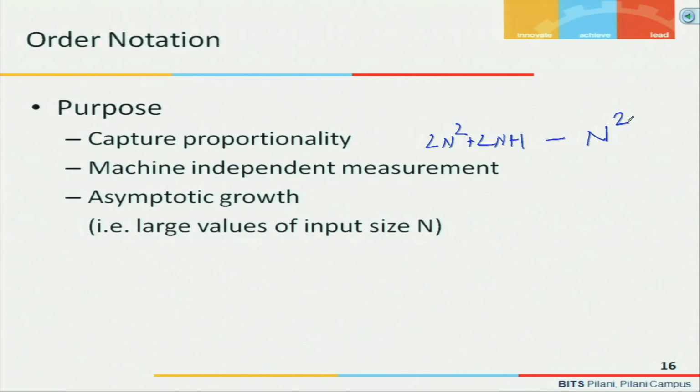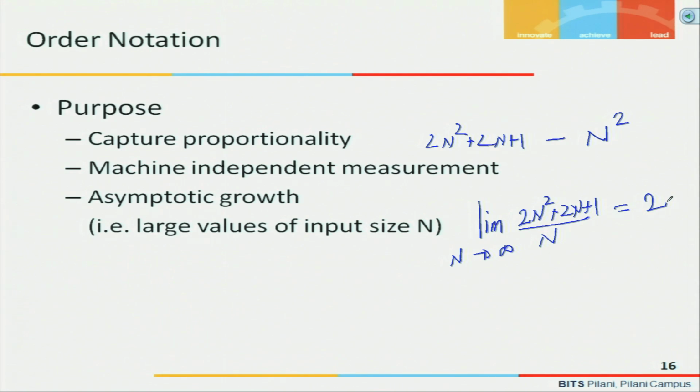If you recollect from your calculus, if you look at the limit of this ratio, say 2n squared plus 2n plus 1 divided by n squared, as n tends to infinity, then we know this is actually 2, from our elementary calculus.